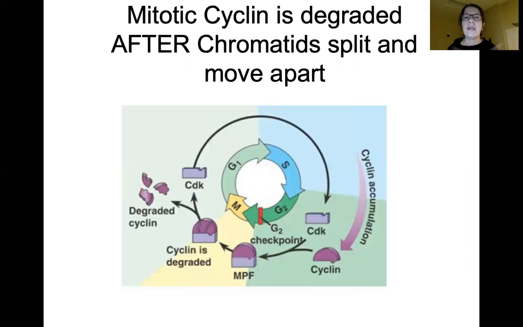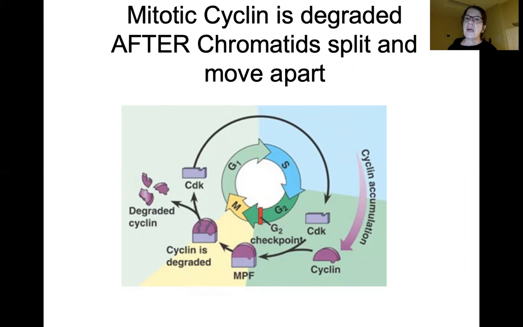So when does that happen? Well, the moment the sister chromatids split apart in anaphase, the mitotic cyclins are degraded, but not before. So once the sister chromatids are separated in anaphase, that signals the end of mitosis. That signals that the cell is now almost done with division.